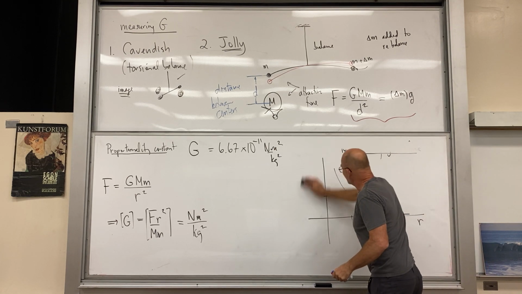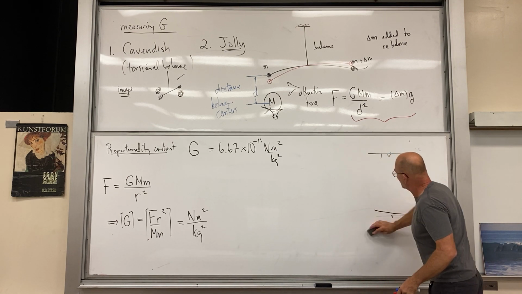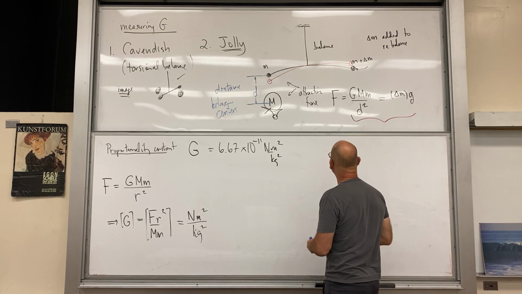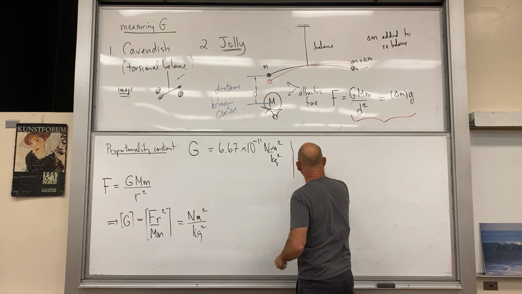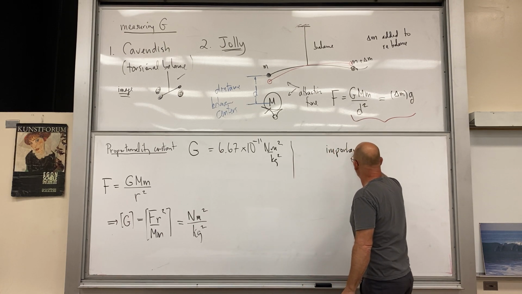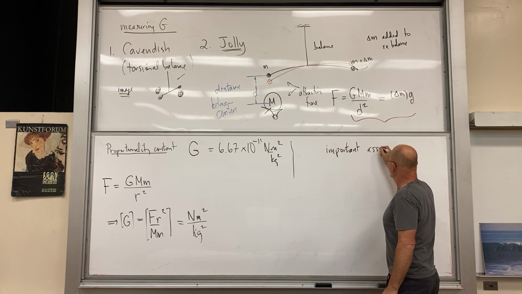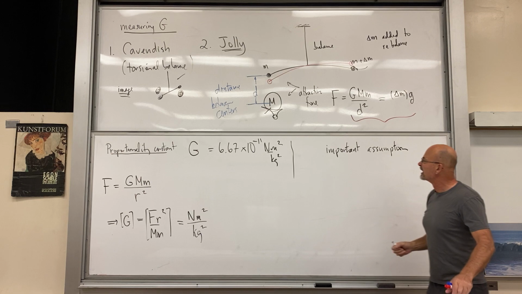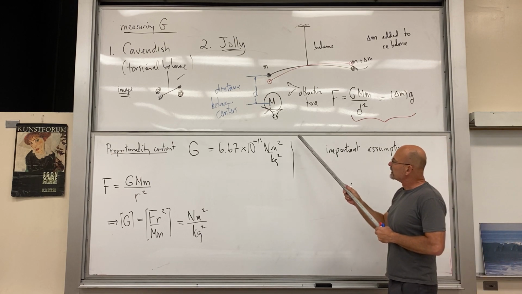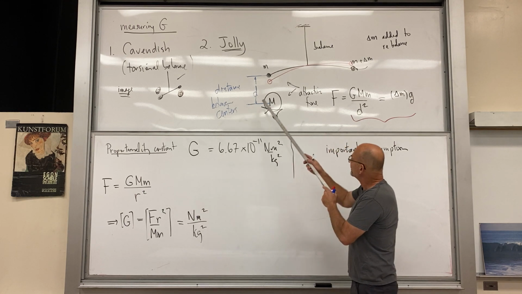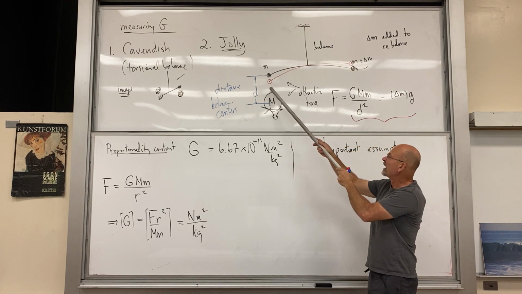So I'll write underneath here, two things. Important assumption. And the important assumption that I've already stated without being explicit about it is that the distance, the separation distance here in Newton's law of gravity is the center to center separation distance.